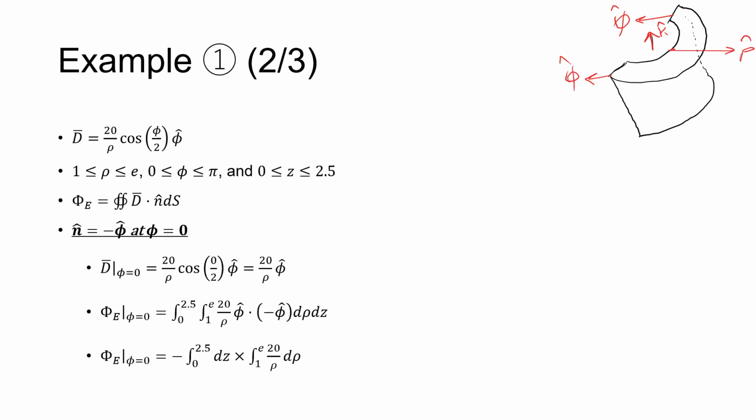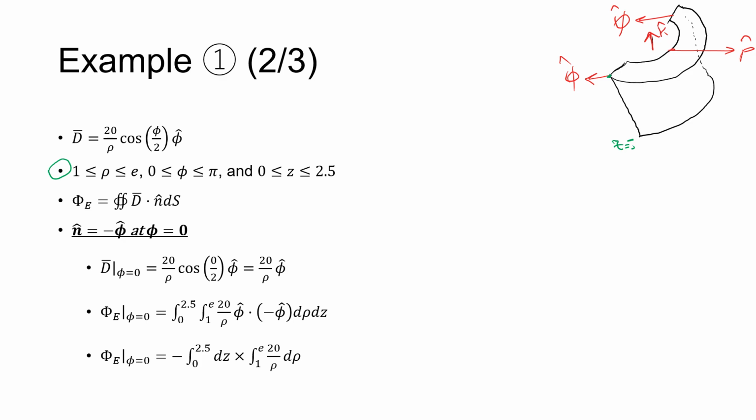To solve this kind of problem in general, the most important thing is to identify the area and the surface where we do our calculations. So we are given that rho is bounded from 1 to e, phi is bounded from 0 to pi, and z is bounded from 0 to 2.5. So assume this one is z0.